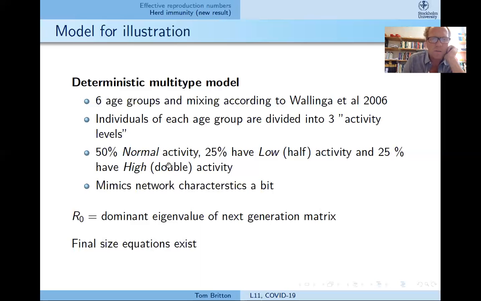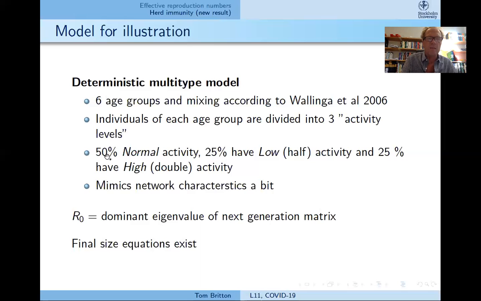So in some sense, this captures features of a network, in the sense that some people are more socially active, they have more contacts, and others are less socially active. So we had 6 age groups and 3 activity groups within each age group.